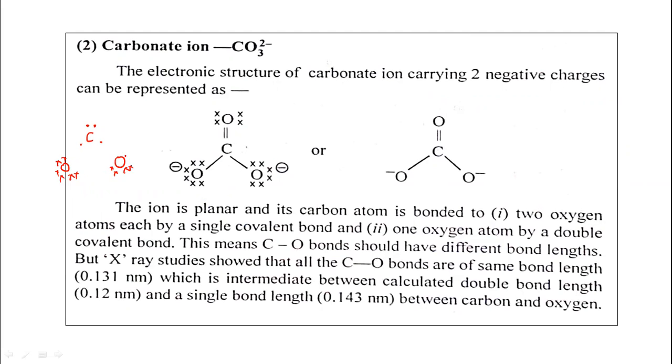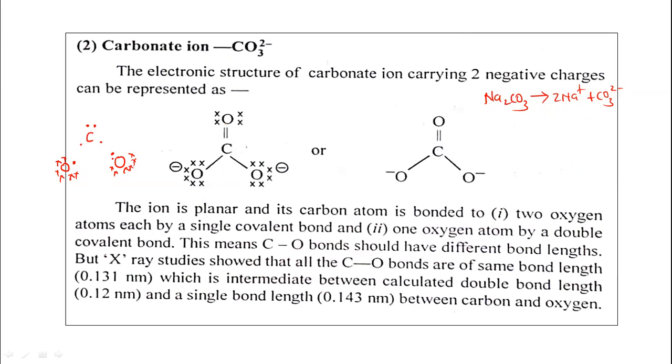Now this carbonate ion is derived from, suppose, sodium carbonate. Sodium carbonate when dissociated gives two sodium ions and the carbonate ion CO3 2 minus. So two extra electrons will be here. Two negative charges means two electrons are there.